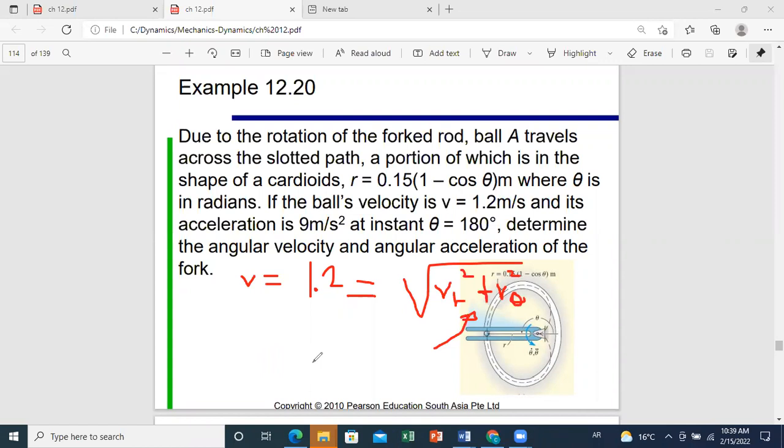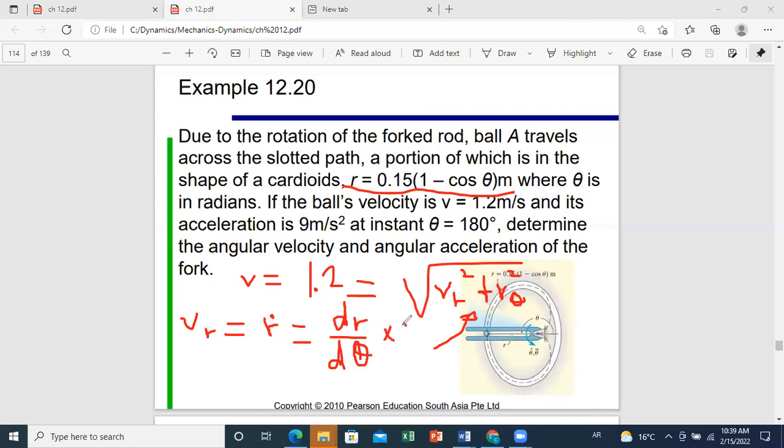First we know that by definition V_R is R dot, the derivative of R with respect to time. Since R is provided as a function of theta, to calculate R dot I should use the chain rule. So this is equal to dR by d theta times d theta by dt.